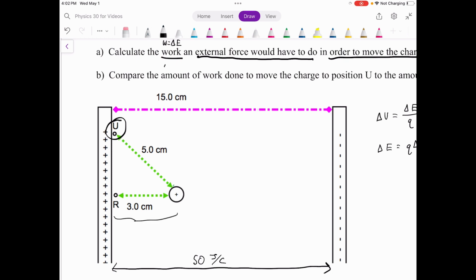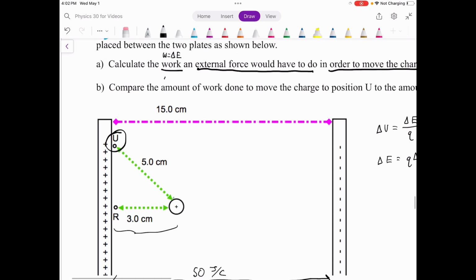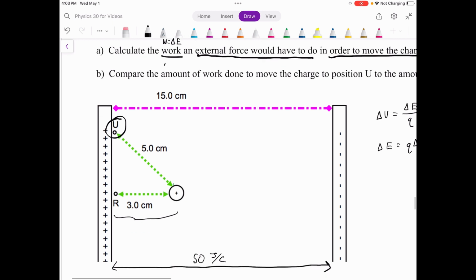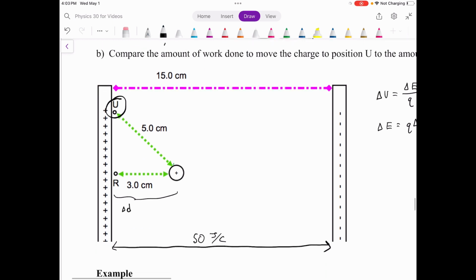So we moved it through, let's think about this. The entire distance across the plates is 15 centimeters. We moved it through 3 of those 15 centimeters. So the change in distance is 3 out of 15, or 1/5 of the total distance, right? Now, what does that mean for the potential difference between these two positions? This is a uniform field.